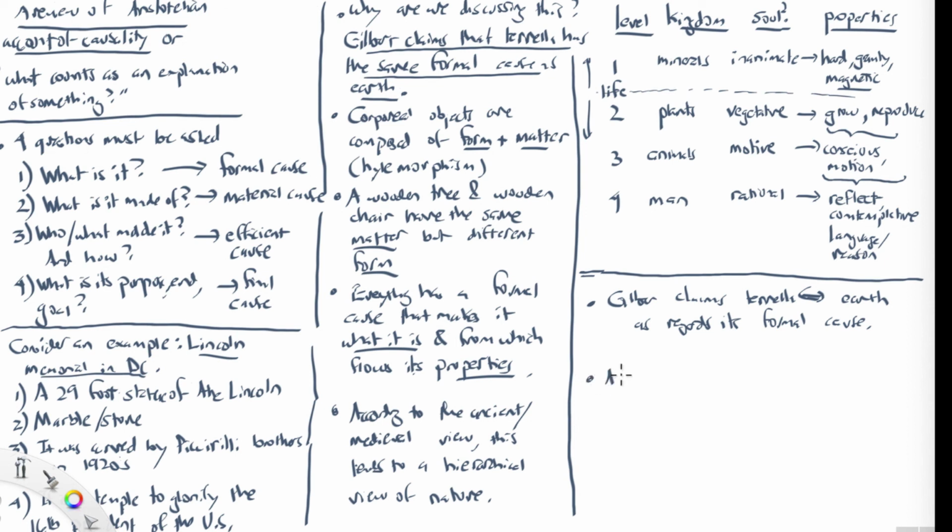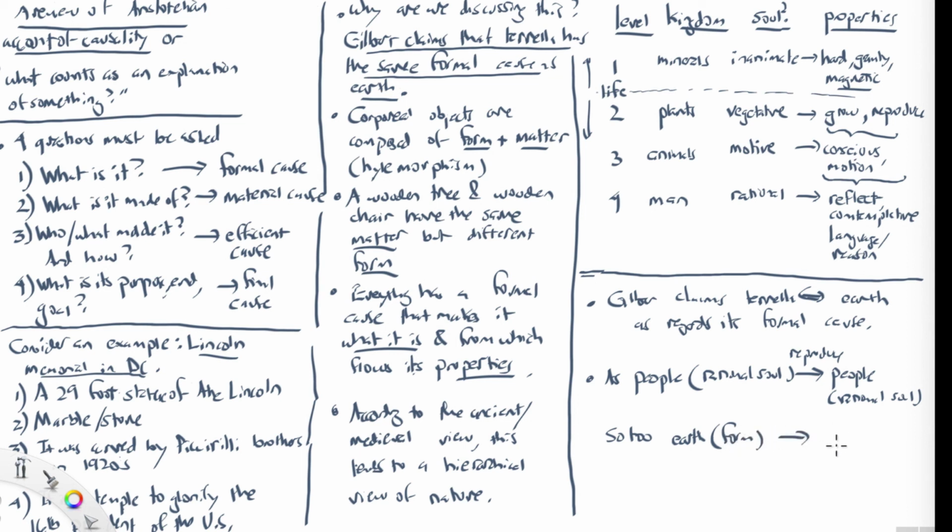So just as people who have a rational soul as their formal cause can give rise to new people that have rational souls, they have that power to do that, they can reproduce, so too the Earth, which has a special form that is unique to it, can give rise to terrestrials or lodestones, rocks, that also have the same form or formal cause.